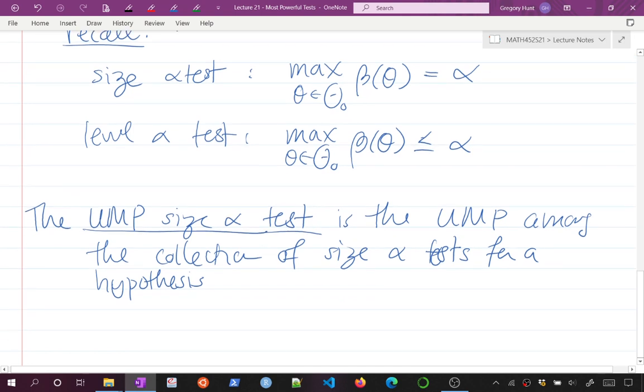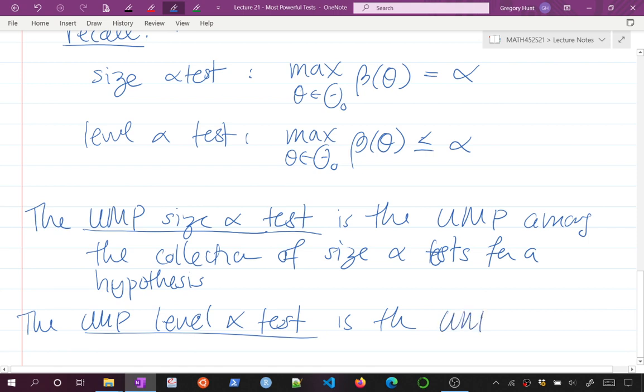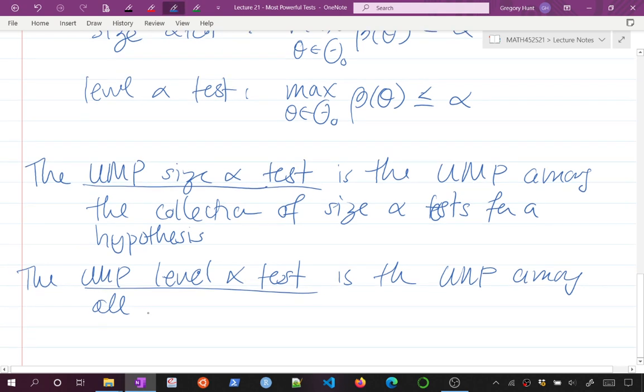So if we consider, for a particular hypothesis, all size alpha tests, that's a collection of tests, and we could talk about the most powerful test among all size alpha. Similarly, the UMP level alpha test is the uniformly most powerful test among all level alpha tests of a particular hypothesis.